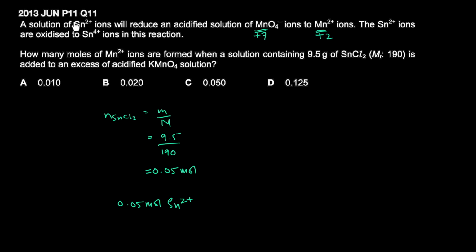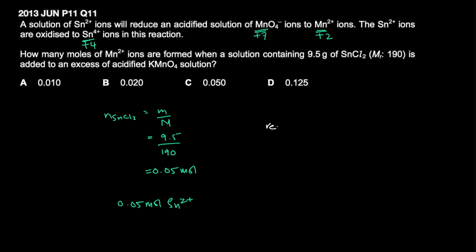And since the Sn2 plus ions are reducing agents, they'll undergo oxidation to Sn4 plus. So we need to figure out how many moles of Mn2 plus ions are formed when this tin 2 chloride reacts with acidified manganate 7. And we know the moles of tin 2 chloride that we have.